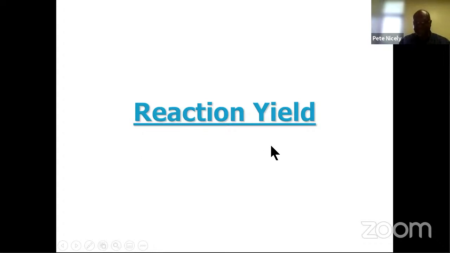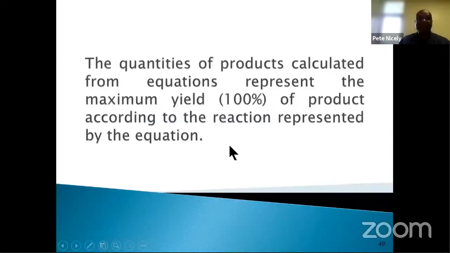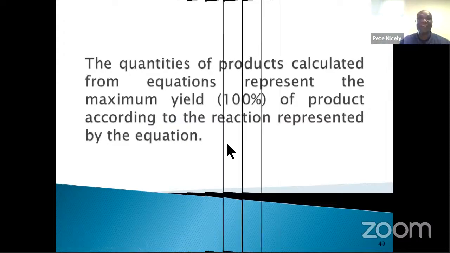So when you compare what you expect to get to what you actually get in terms of the product outcome, there's a disparity. Ideally, you'd expect to get 100% of the product based on the type of stoichiometric calculations that we were looking at.